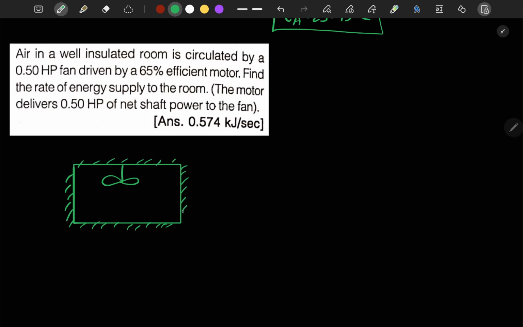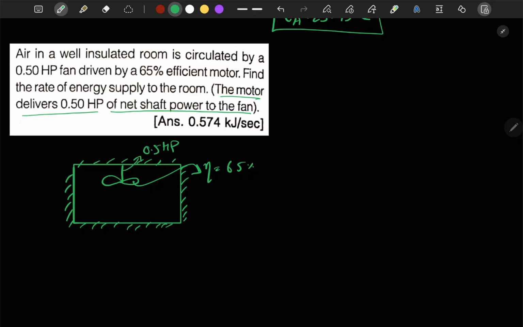It is said that the motor has an efficiency of 65%, and it is mentioned that the fan is driven by 0.5 HP. The motor delivers 0.5 HP of net shaft power to the fan. So power at this shaft is 0.5 HP.